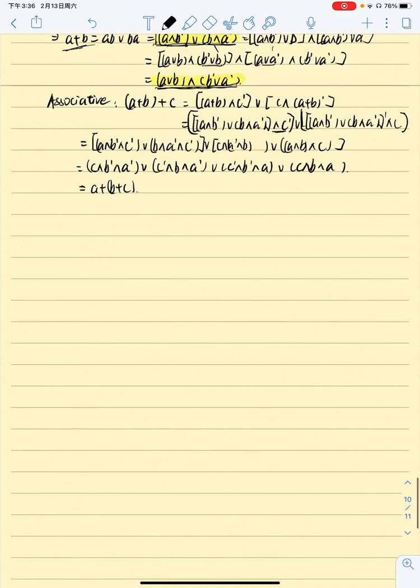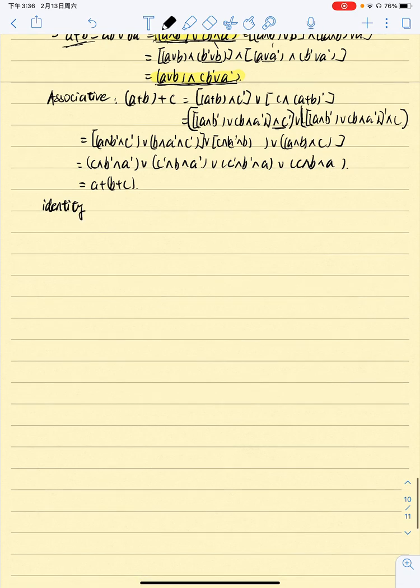Okay, and second, the identity. That means for every element in S, the identity is 0. We need to show S plus 0 is S. Oh, sorry. Here. S 0 prime or S prime 0.